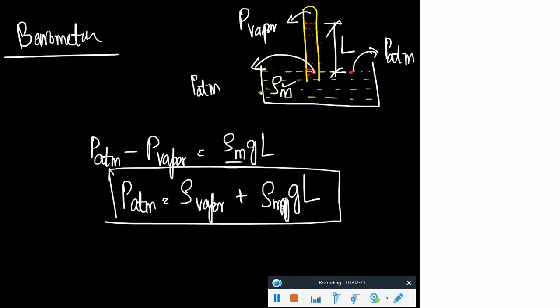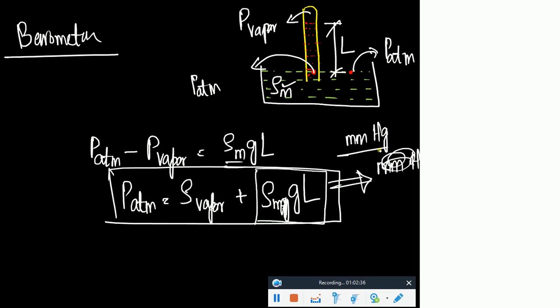And sometimes you describe this pressure in terms of length of mercury. That's what you say, that this is millimeter of mercury. I hope you have seen this unit for pressure, millimeter of mercury. So what is that millimeter of mercury? This is basically related with that length.